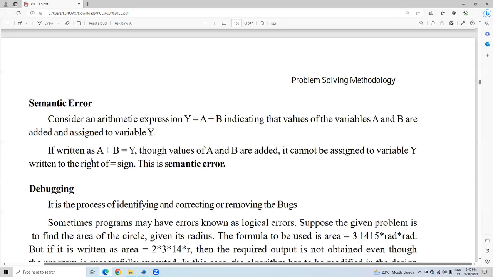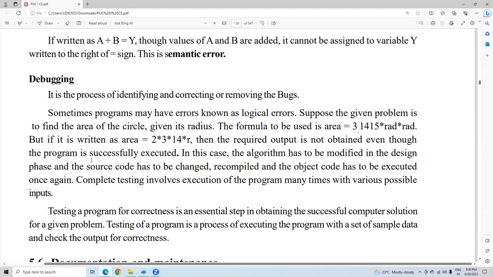On the right side we have a single value, that is okay, but on the left side we have a + b, where there must be a single variable name, which is not there. That is why it is called a semantic error. And debugging, in the sense, is the process of identifying and correcting or removing the bugs, errors. That is called debugging.